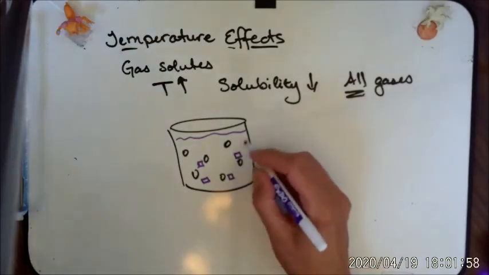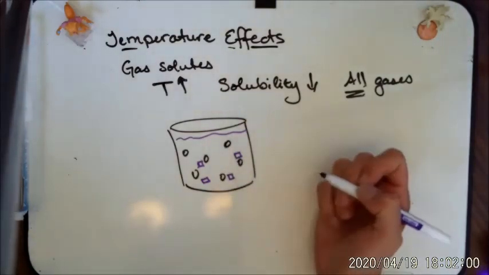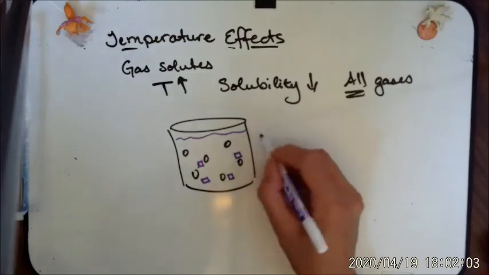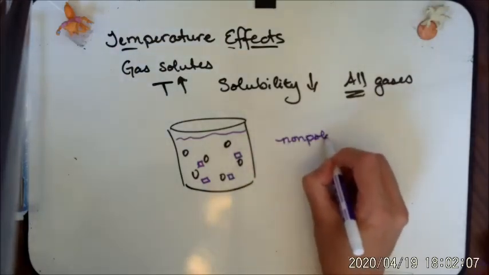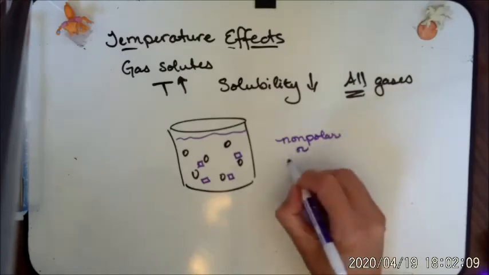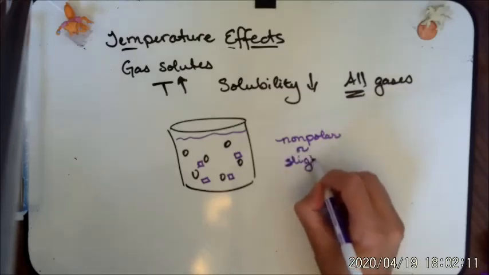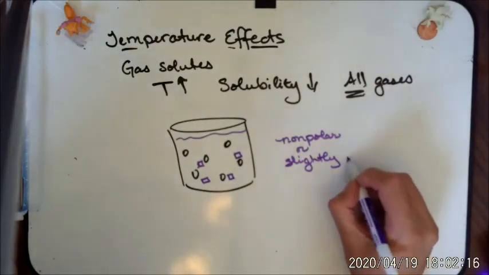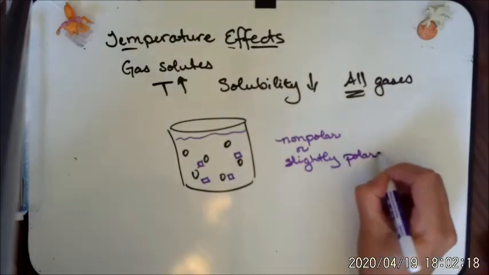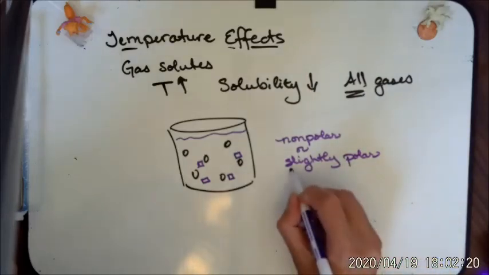Now what happens is this. What's the only thing holding it? Most gases, if you look at it, are either non-polar or slightly polar. If they were very polar, there probably wouldn't be gases at room temperature.